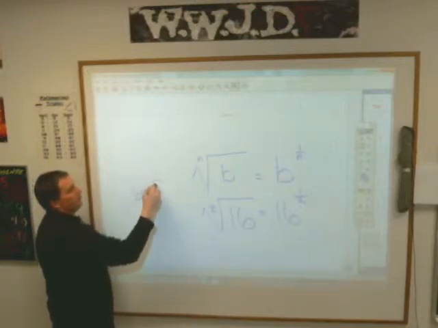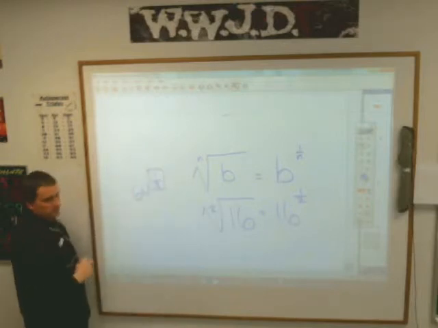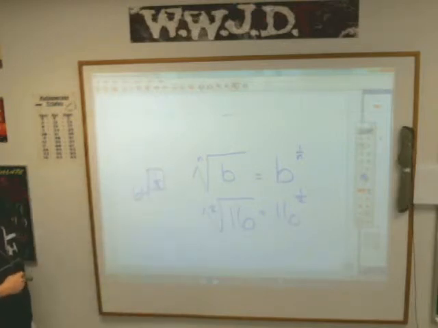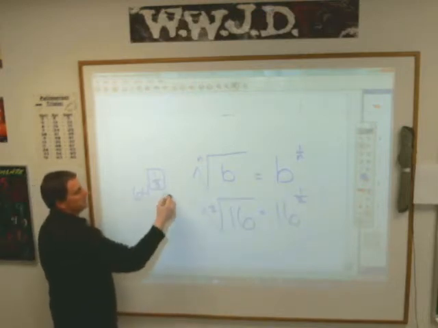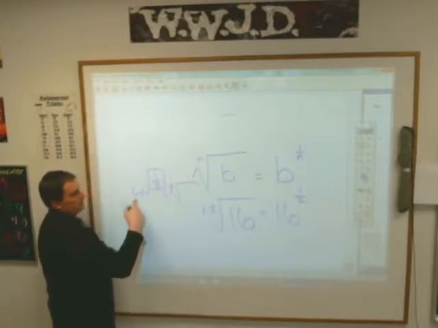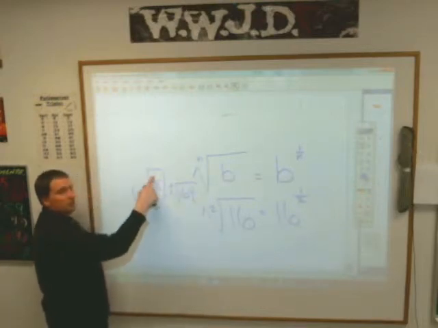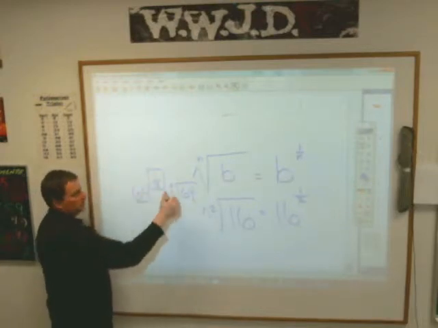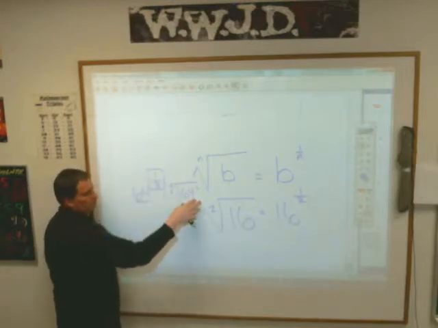Which means this. 64 to the 1/3 power. When you start seeing fractional exponents, that simply means this. You change this into a root problem. The bottom number goes up here. The outside number here goes here. And if this number were different than a 1, it would go here. But 64 to the first power is 64, so you don't have to worry about it.